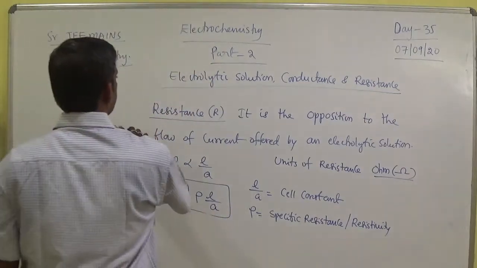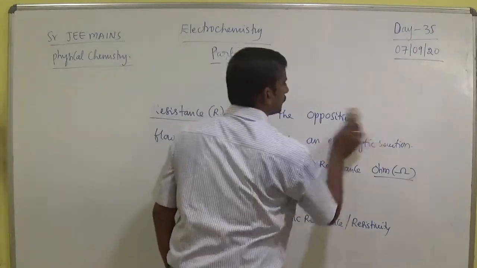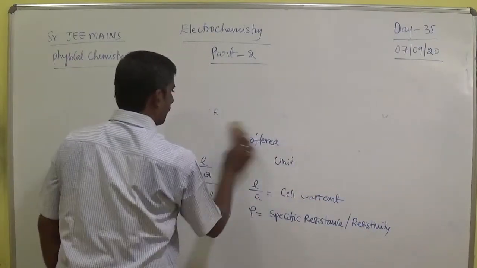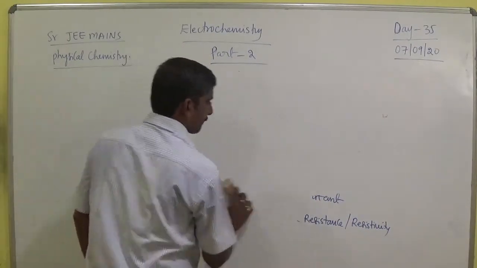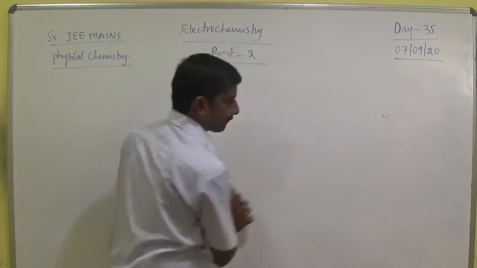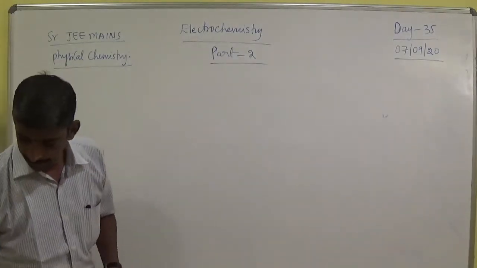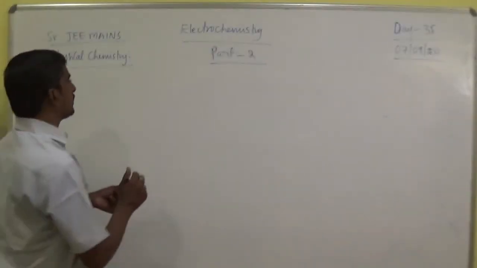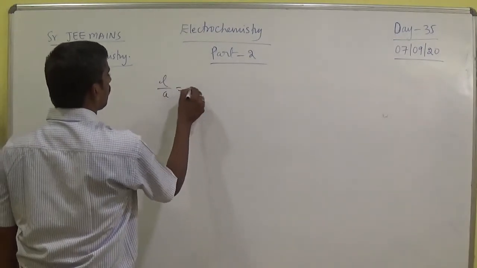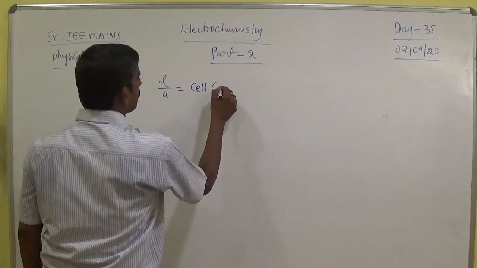Okay, next one. Next here, L by A equal to cell constant.